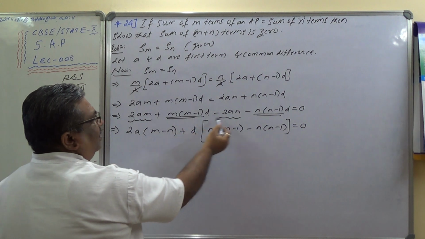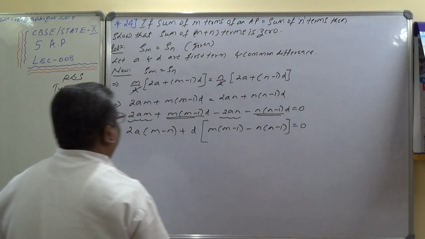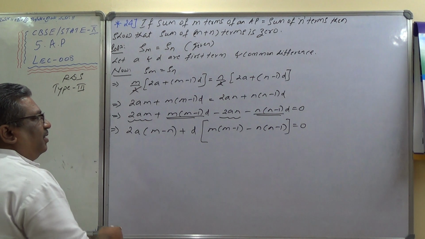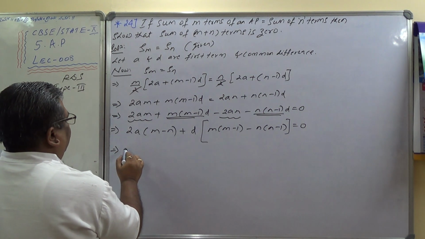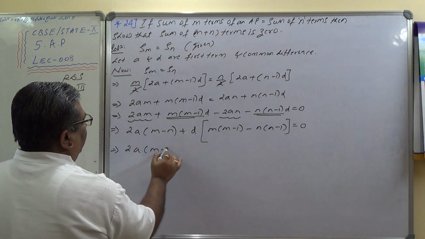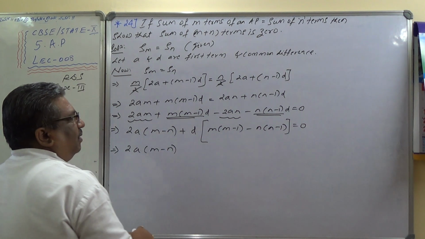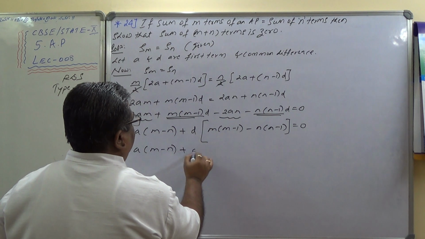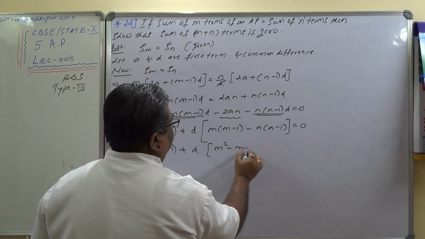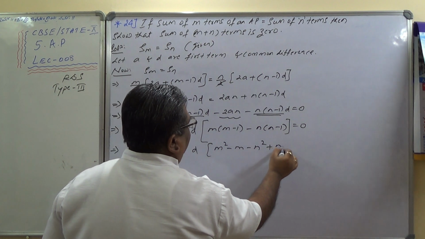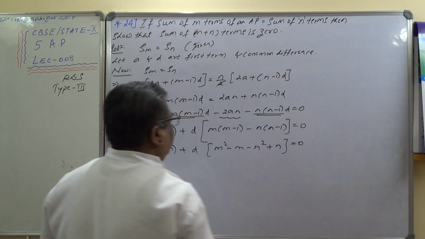This is the manipulation which is very important. Next step is most important. This is equal to 2a into m minus n plus d times m square minus m minus n square plus n equals 0.